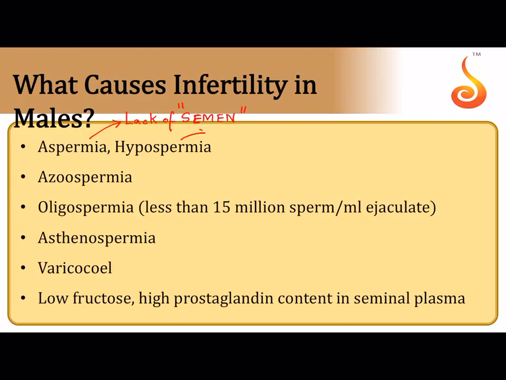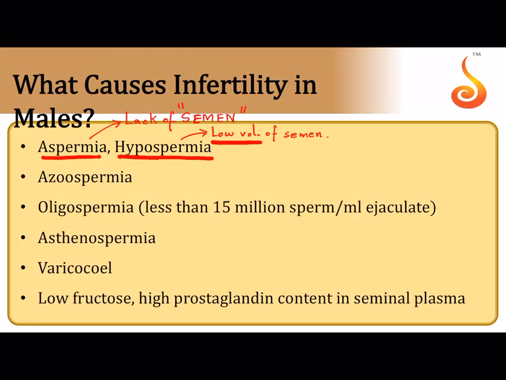Hypospermia is when the person is producing semen but there is low volume of semen. Normally about 3.5 to 5 ml of semen is produced at the time of ejaculation. If it is lesser in volume, then we call this condition hypospermia. So remember, aspermia is lack of semen and hypospermia is low volume of semen.